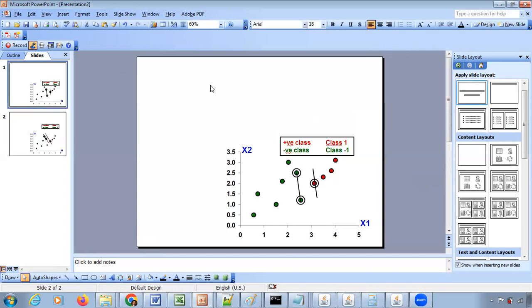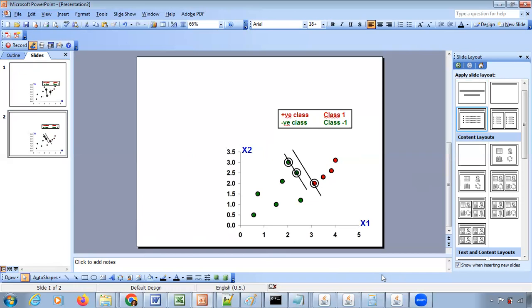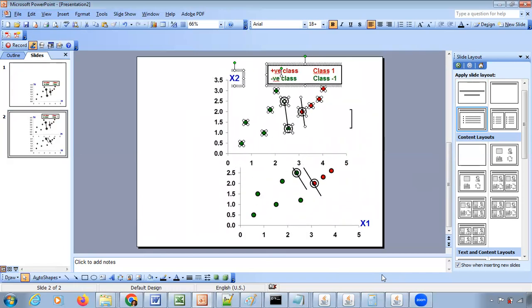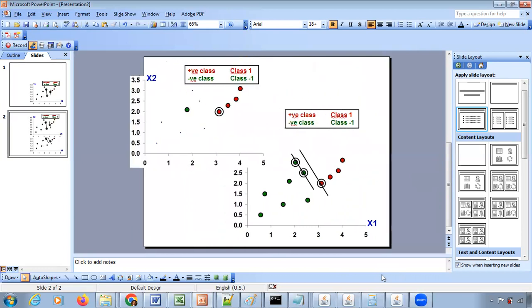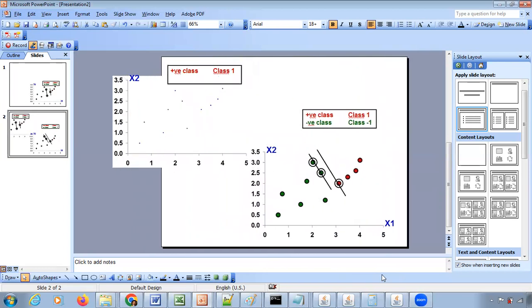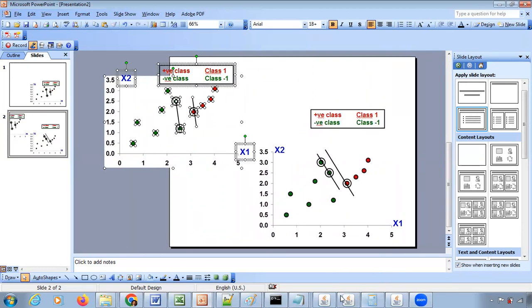So if you compare this with this, we should go for the one on the top as the margin, because if you go with the one that I'm showing here, the width of the margin is not as large as this one.